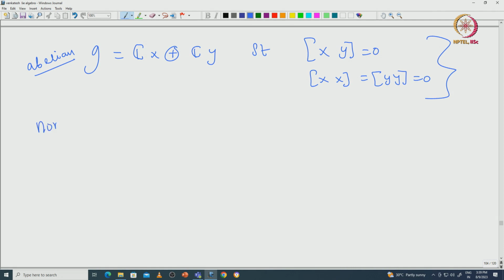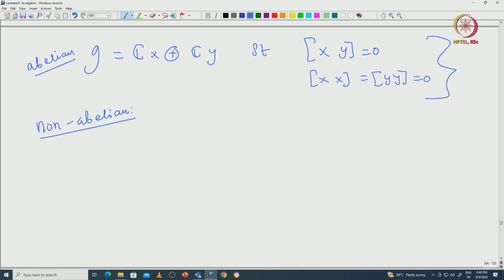Now, what will be the non-abelian case? It is again not that hard, but let us see one example first and then we will get into the classification.